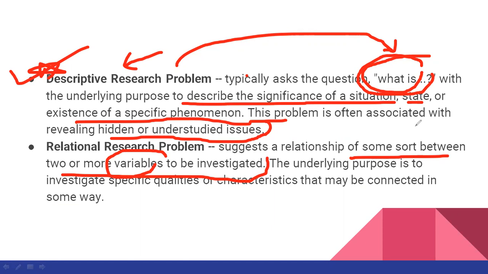Now you need to define some variable with respect to it. You cannot say that the 10 to 15 population will be the same as 15 to 20, right? It will vary. We need some more variables for that. Similarly, you need to identify the variables with respect to your research problems. And if the research problem suggests a relationship among these different variables, then that type of research problem is known as a relational research problem.